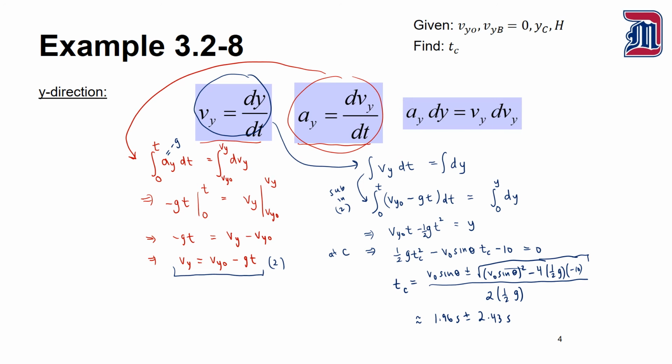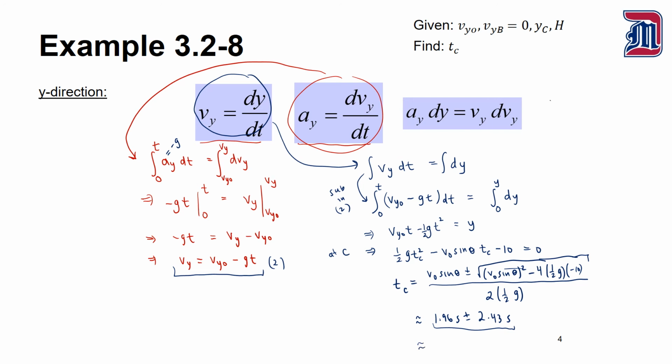In general, when we have a square root like that, we have a positive root and a negative root. Sometimes you have to use your logic, your common sense, to figure out which of the two roots is the real one. If you look at this, we will have a negative root and a positive root.